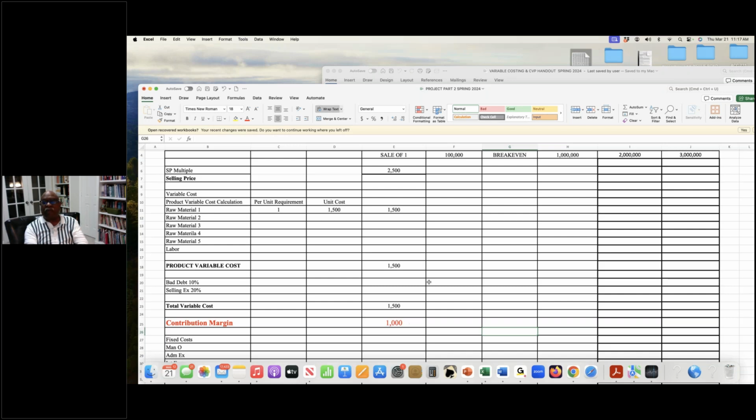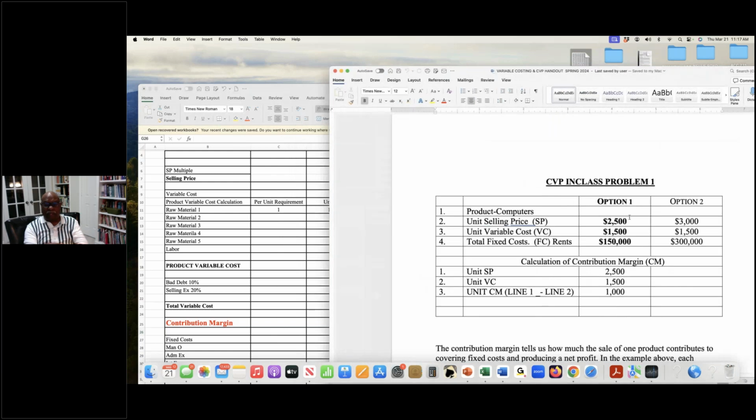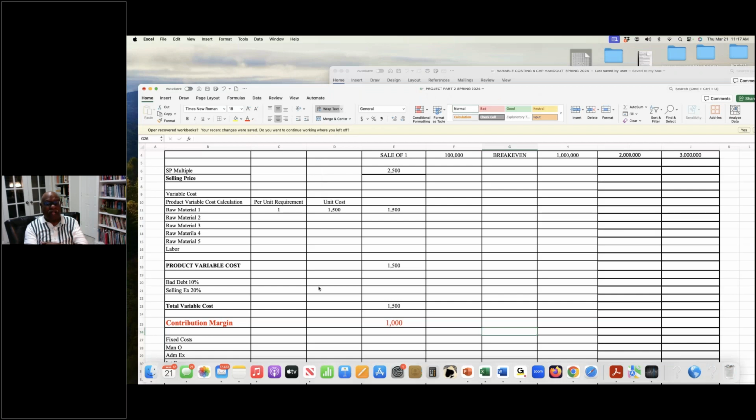So all we did was, going here, we had a selling price of 2,500. We had a variable cost of 1,500. We just subtracted 1,500 from 2,500 and came up with a contribution margin of 1,000, because we just had 1 variable cost.